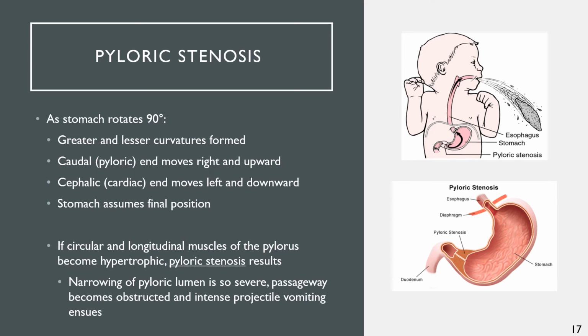So if the circular and longitudinal muscles, mostly the circular though, of the pylorus become hypertrophic, pyloric stenosis results, which is defined as the extreme narrowing of the pyloric lumen, so the passage of food is blocked, resulting in severe projectile vomiting, which we can see in that top image here, which makes sense because there's no other route for ingested substances to go at that point. There have been a few cases where pyloric stenosis is due to the complete absence or closure of the pyloric orifice as well.